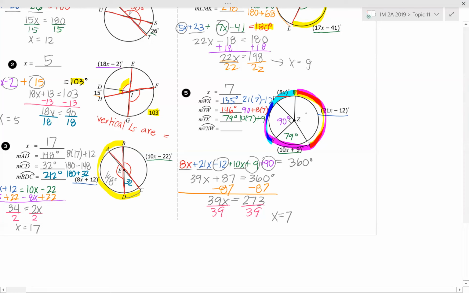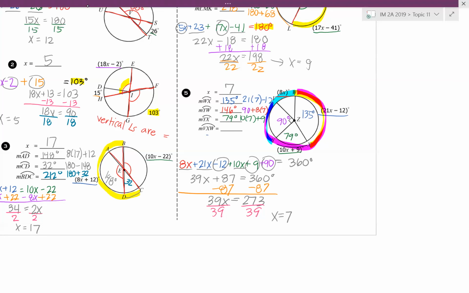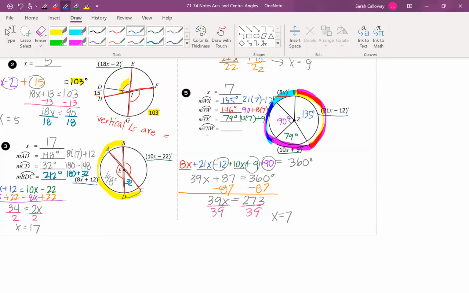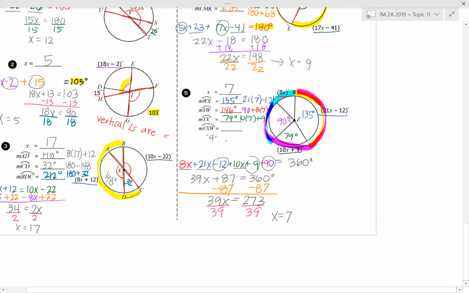So adding is always easier than subtracting. So if I do 90 plus 79 plus 135, that gives me 304 degrees. So that is arcs and central angles.